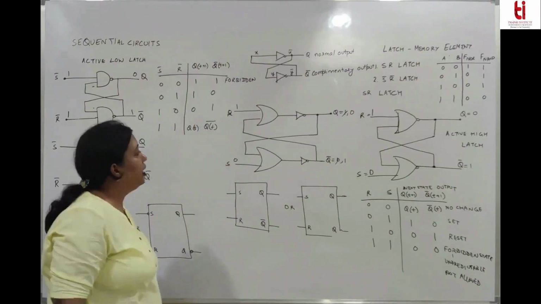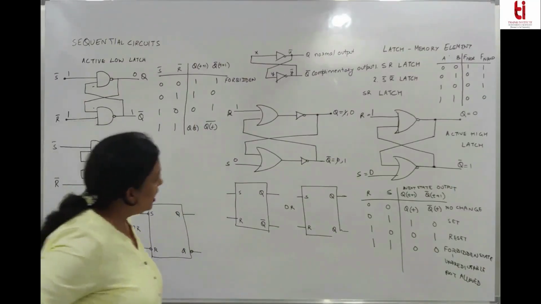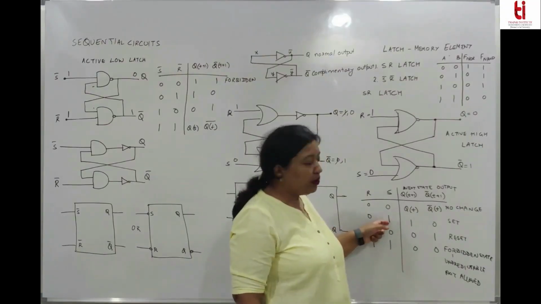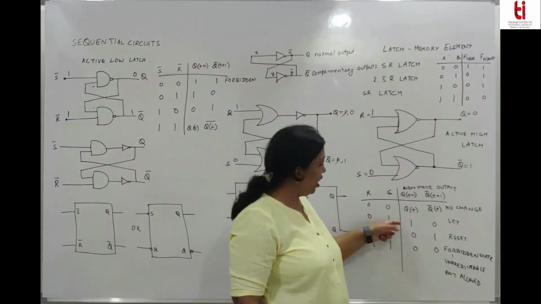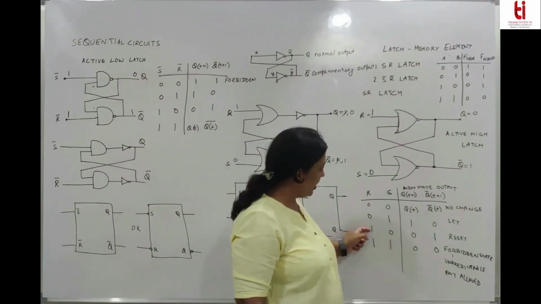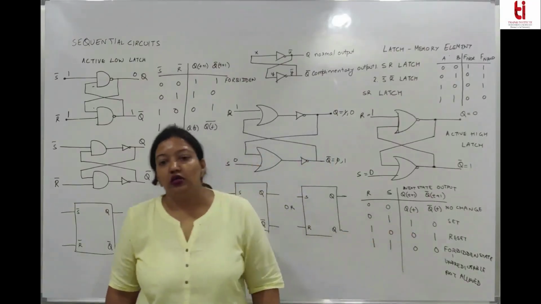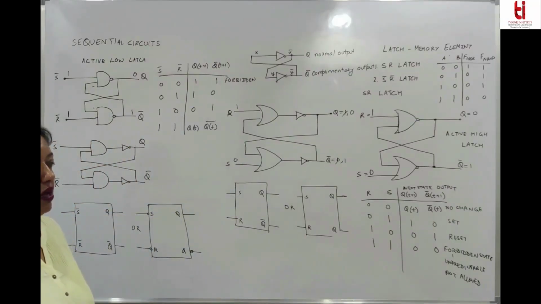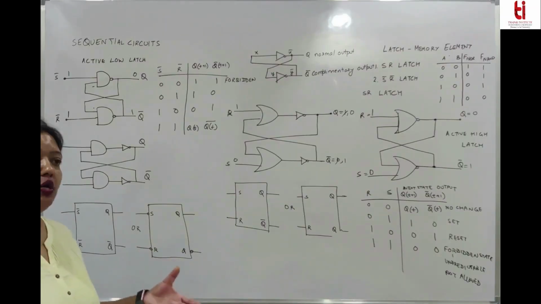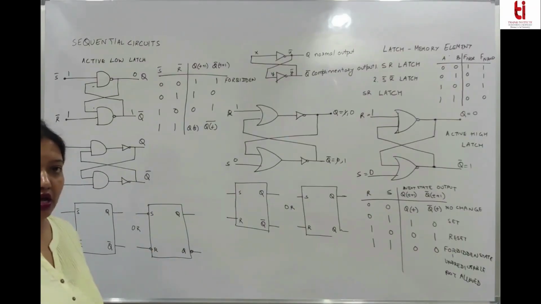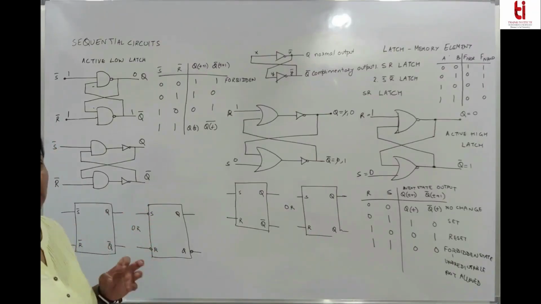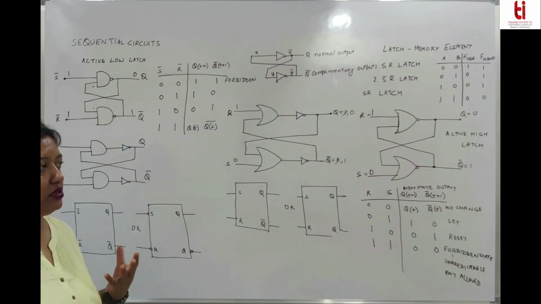So that is why it is called active low latch. In this case, it is called active high latch because when your set input is active high, output is 1. When reset is active high, output is 0. These are two basic building blocks in our sequential circuit which store 1 bit of data. And they are independent of any enable circuit, any control signal, any clock signal.